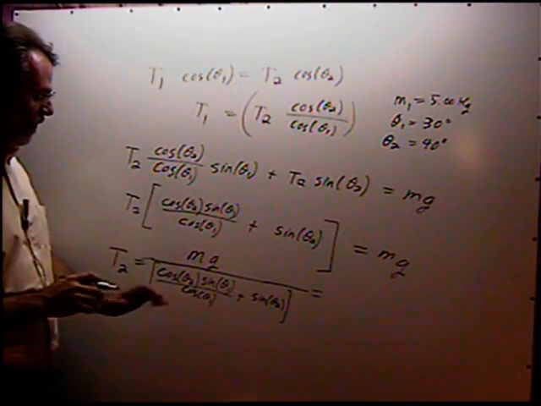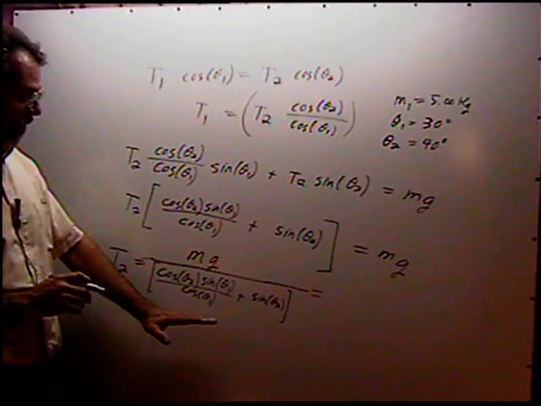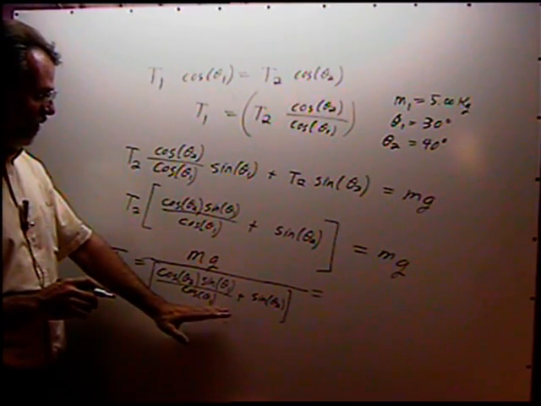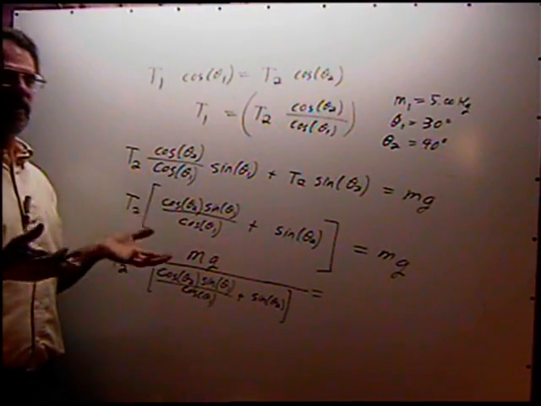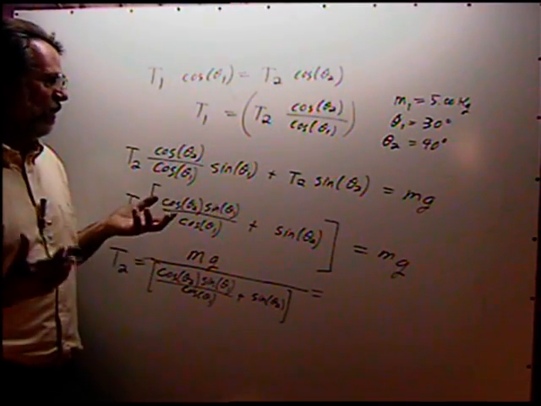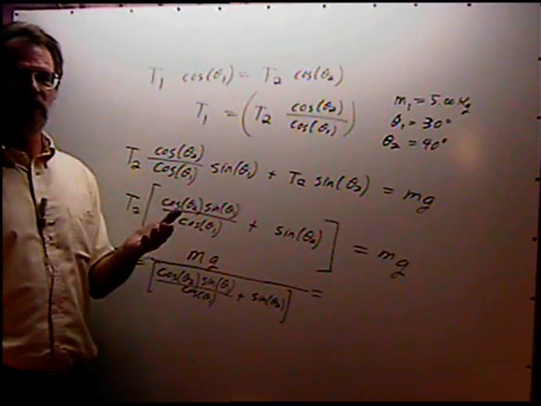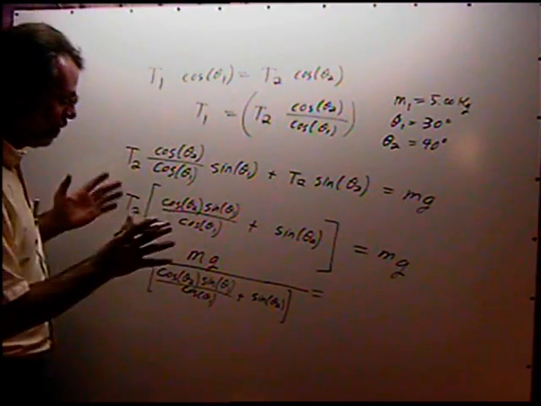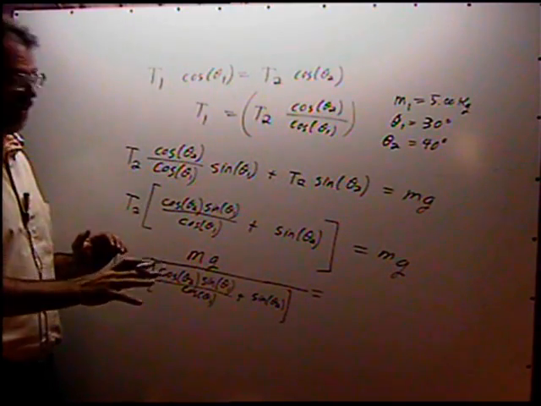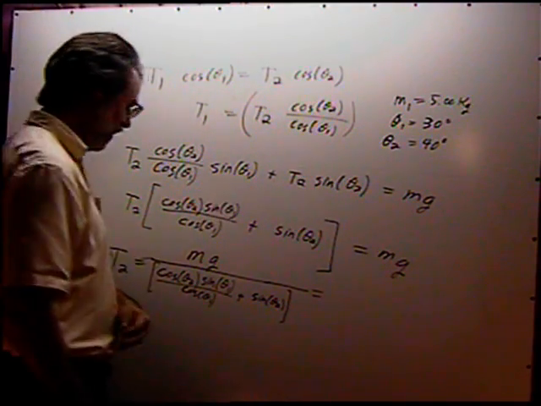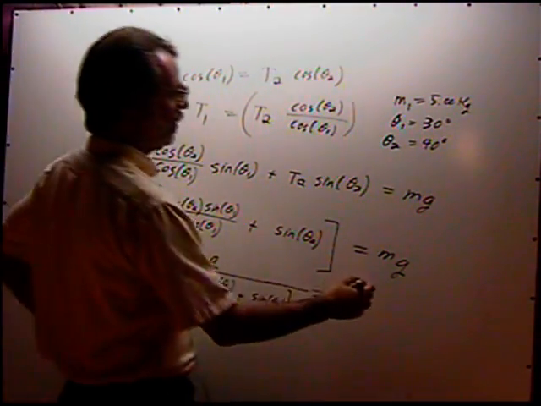If you just plug the numbers in and get the wrong answer, well, that's just plugging the number in and you hit the wrong button on your calculator. That's no big deal. But the big deal is knowing how to write the equations and solve them. But for completeness' sake, we'll go ahead and put the numbers in.